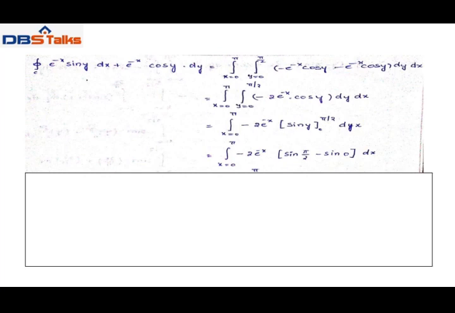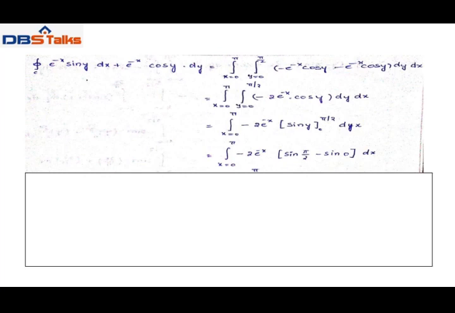So the integral over x from 0 to π and over y from 0 to π/2 of minus 2 e^(-x) cos y dx dy. First we integrate with respect to y: minus 2 e^(-x) is constant, and integrating cos y gives sin y with the limits 0 to π/2, dx.